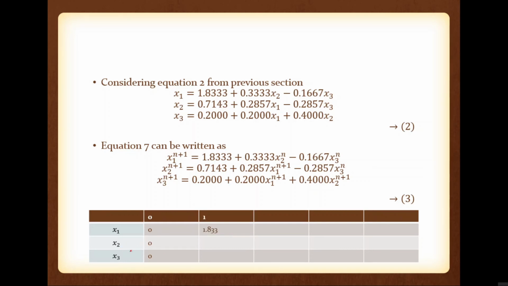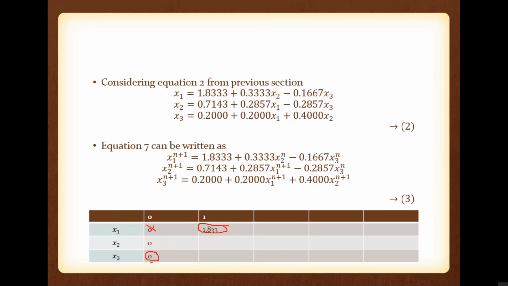Now what about x2? For x2, you can see that we need value of x1 and value of x3, but new value of x1 is available. So we have to use this value. But x3, new value is not available. The latest value is this 0. Okay. So please note, we are not using this x1 value. This one is our old one. We have new value available. So we have to use 1.833 as x1.